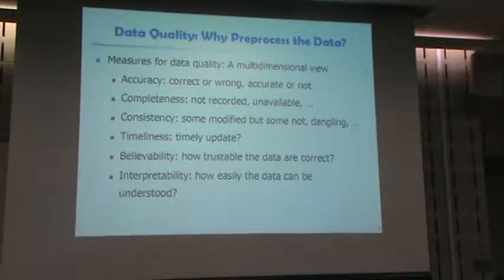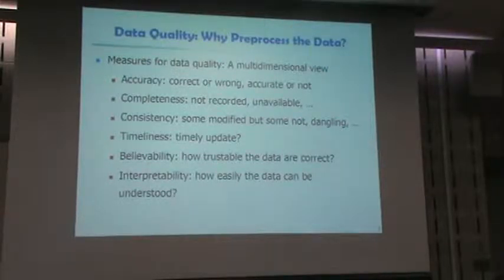To judge whether the data set is clean, to measure such quality, we can consider the accuracy of the data, whether it's complete, okay? And consistency is also important. Some of the data are not consistent.